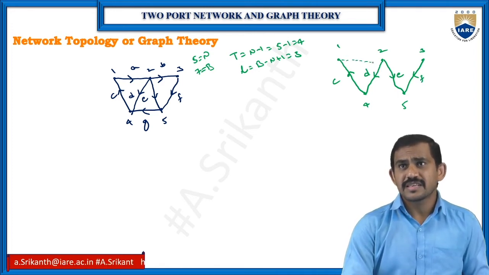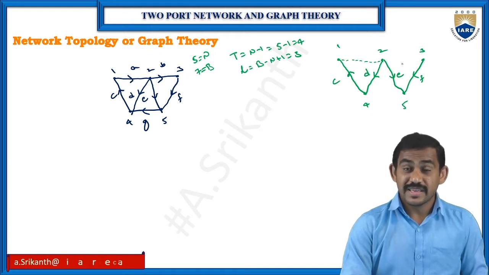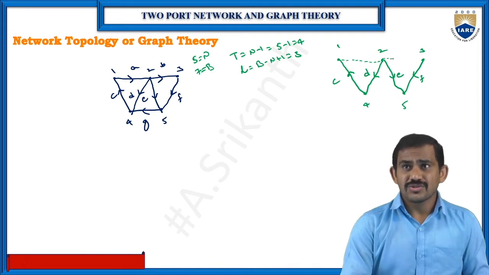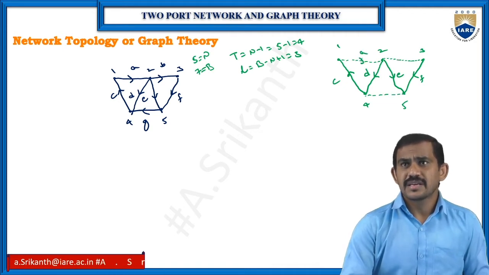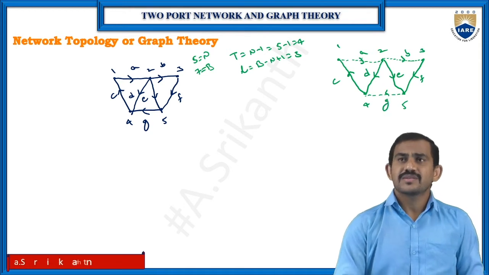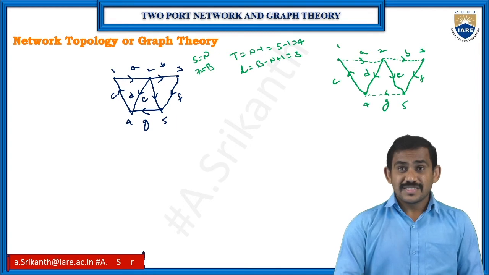If you observe the trees, the 4 branches are connected to each node and they are not in a closed loop. So the remaining are my co-trees: the A branch, B branch and G branch are my co-trees. Okay, now I have the virginal graph.